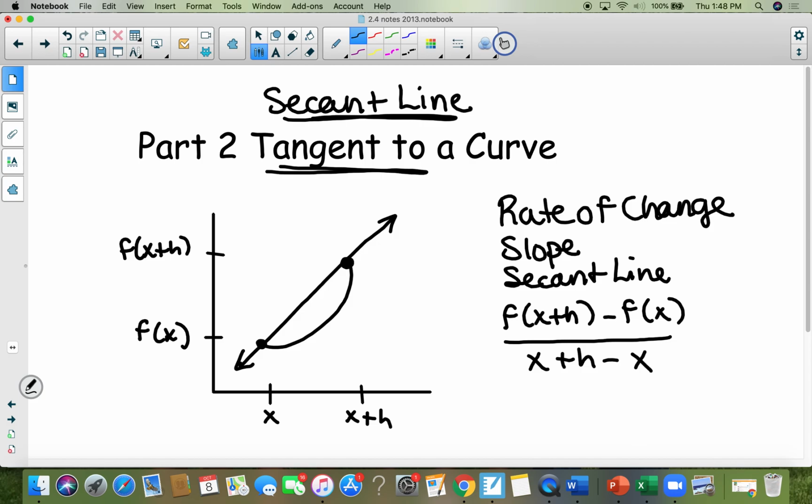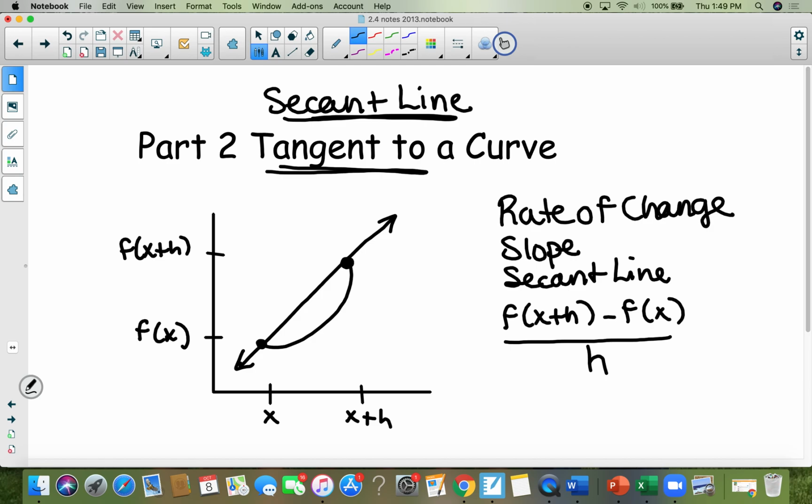Which simplifies to, I don't want to rewrite it. The x and the negative x cancel each other out on the bottom. So it's like that. f of x plus h minus f of x all over h. Boy, you're going to see this for the next 3 sections. f of x plus h minus f of x all over h. That is the formula for the slope or the secant line, correct?